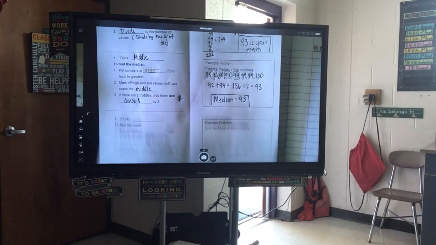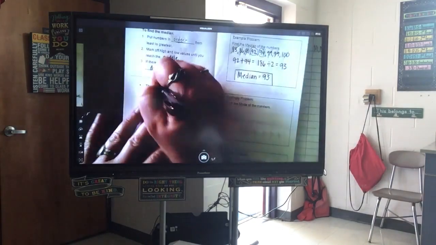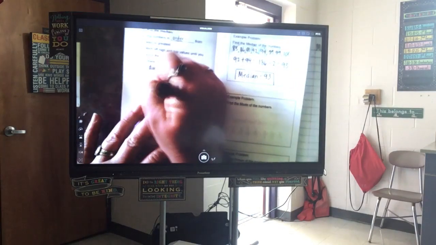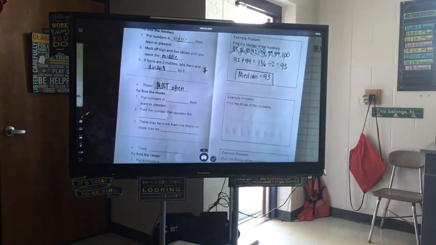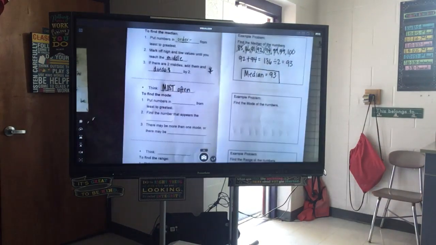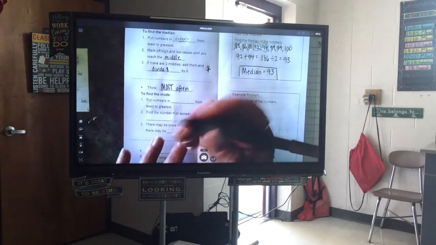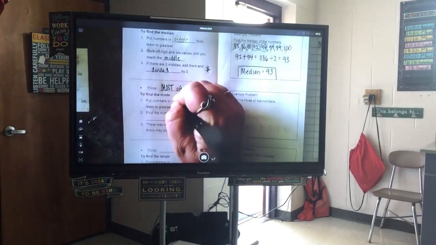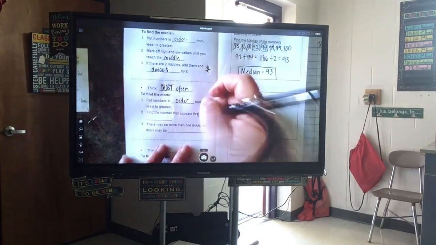All right, let's slide down to mode. So with mode, you're going to think most, capital most, and then often, or appears the most. Just mode most is what I try to always tell them. So again, put your numbers in order from least to greatest and find the number that appears the most.